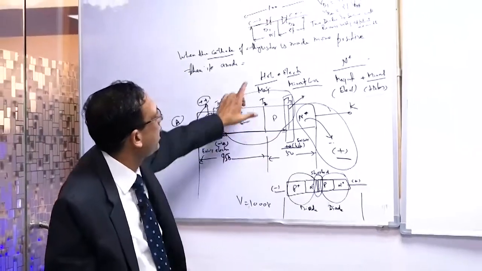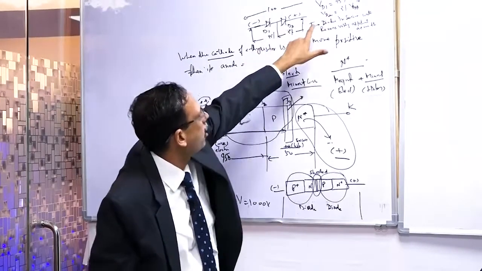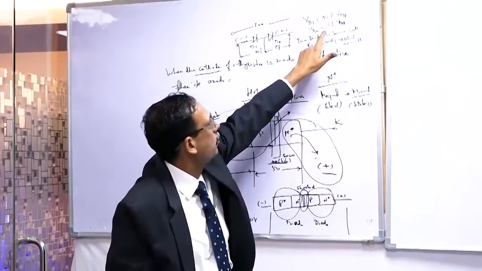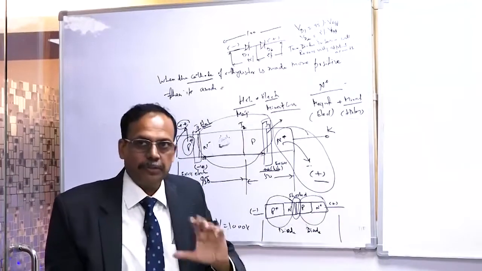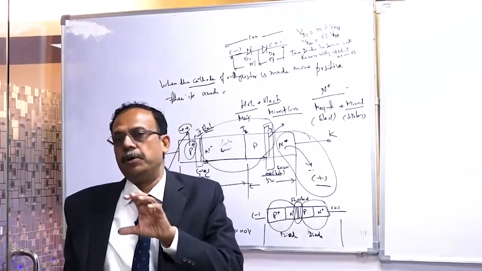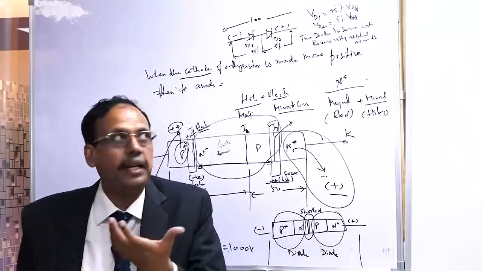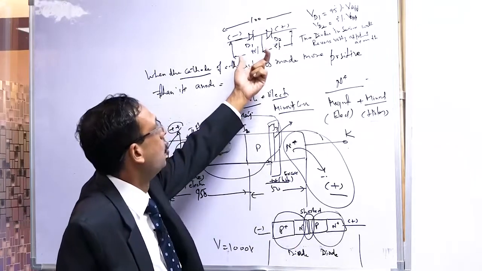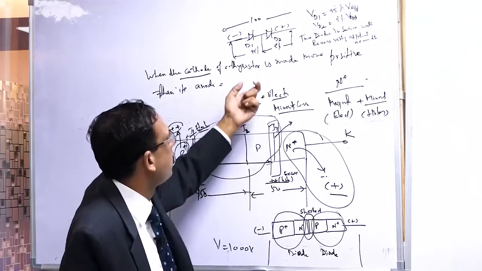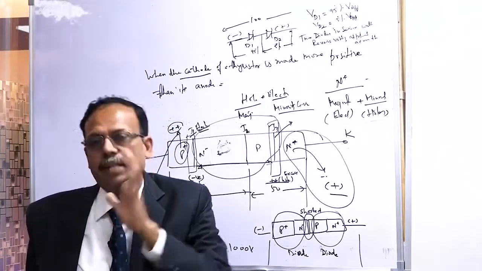So the answer is that there are two diodes in series with reverse voltage applied, and across diode 1, 95% voltage drop will be there, and across diode 2, 5% will be there. I think it gives you an idea that whenever a reverse voltage is applied across a thyristor, it acts as two series connected diodes with 95% voltage dropped across the first diode and 5% across the second diode.